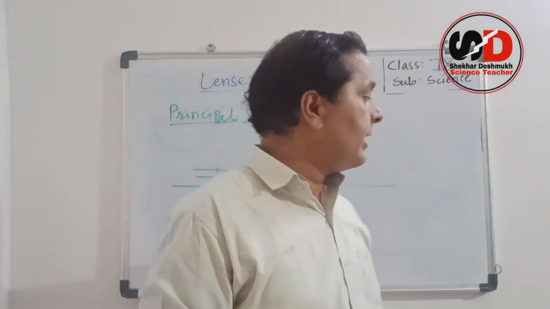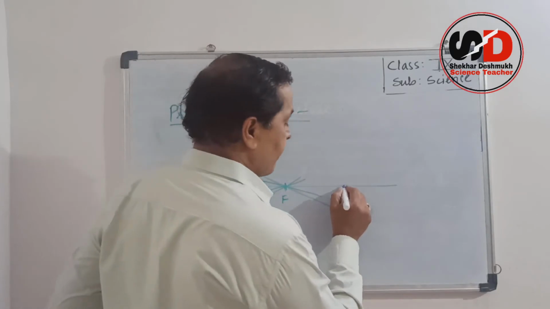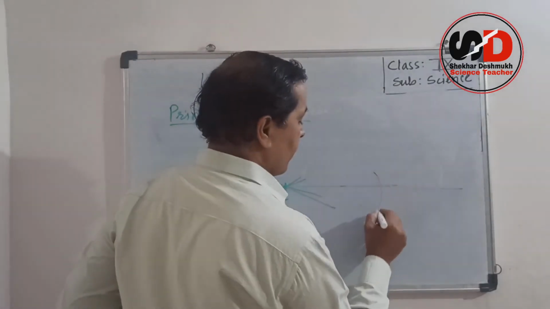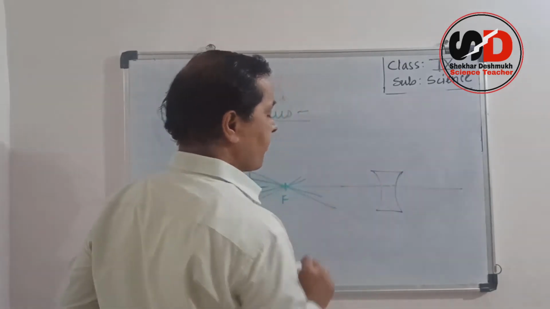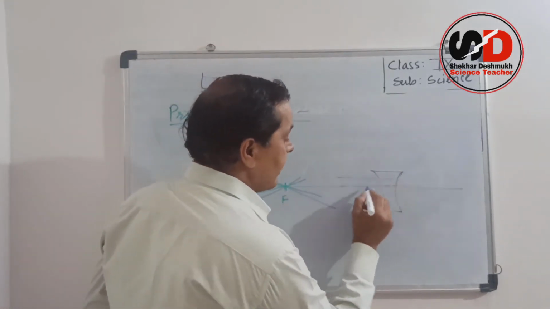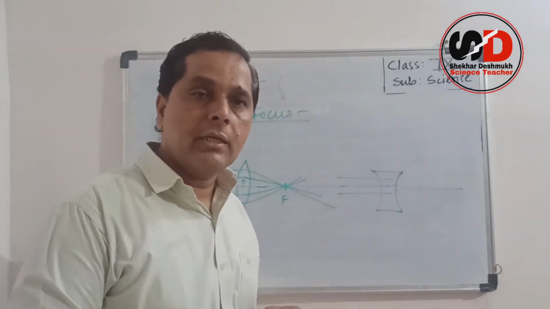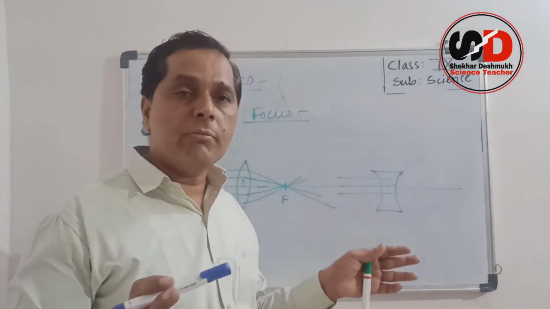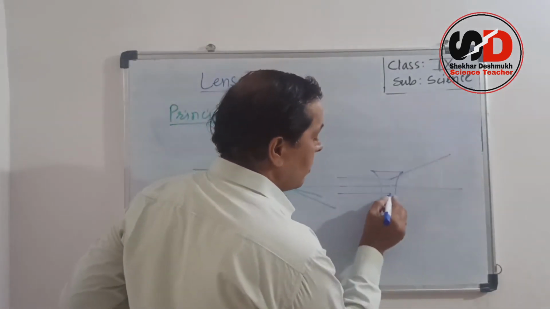So let us see the similar concept for a concave lens. Light rays parallel to the principal axis, after refraction, go away from each other by a concave lens.